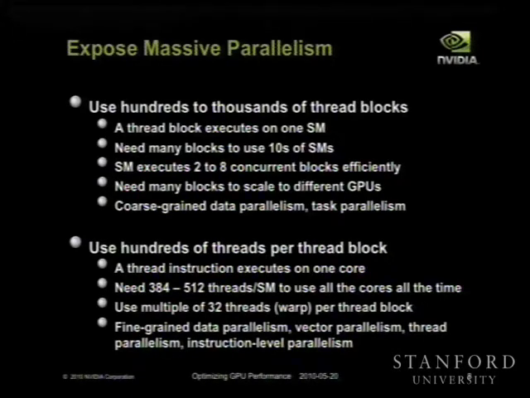Then a typical block count might be in the hundreds or thousands of thread blocks, just to be able to fill up 10 or 20 or 30 SMs on a given GPU. And that number is likely to increase in the future. Also, because an SM can execute up to 8 thread blocks concurrently, if you have small blocks with just a few threads per block, you're going to want to have even more blocks.